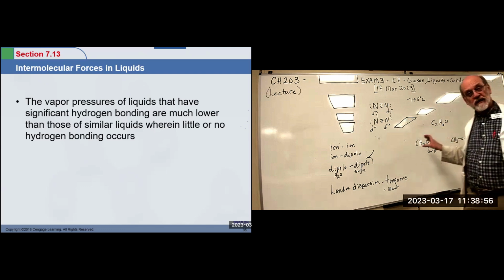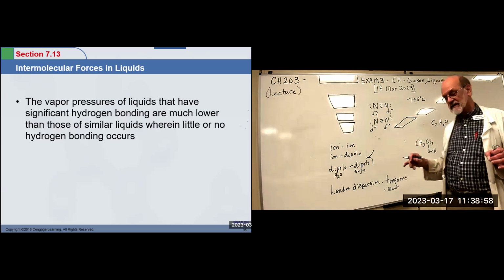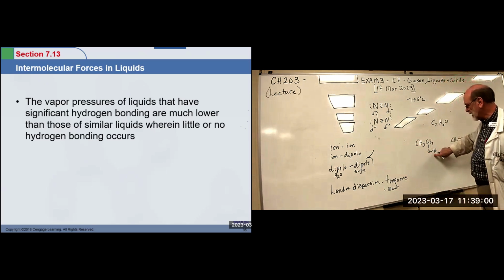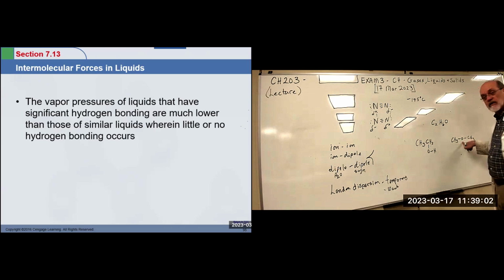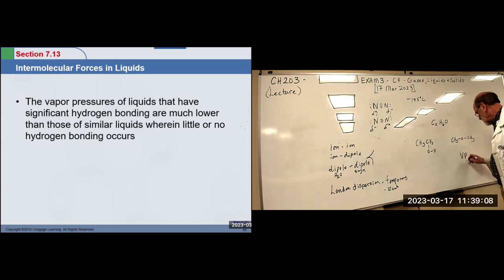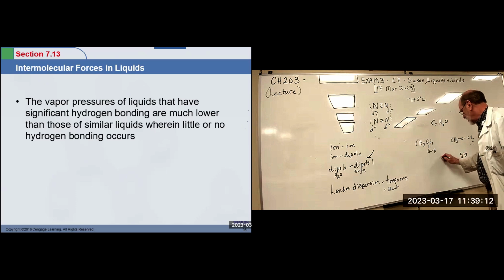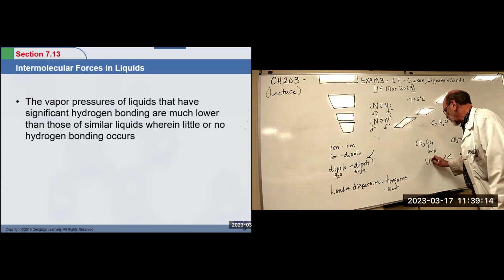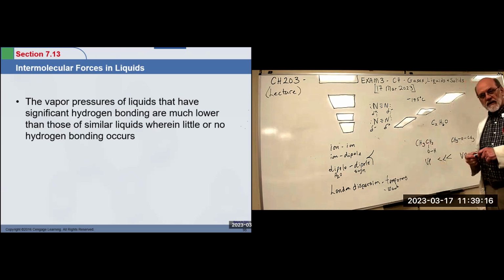It's the same formula, but different structure. In this one, we have hydrogen bonding. In this one, we don't. The vapor pressure of this one is much, much, much greater than the vapor pressure of that one, because this one has hydrogen bonding and that one does not.